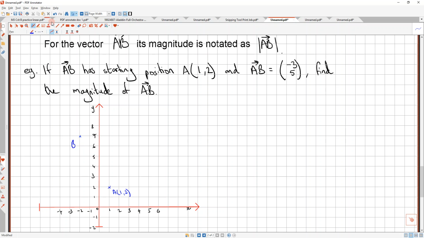So that is B. And then we can draw it in. And after I draw it, what must I make sure I put in? An arrow, correct, because I'm going from A to B.